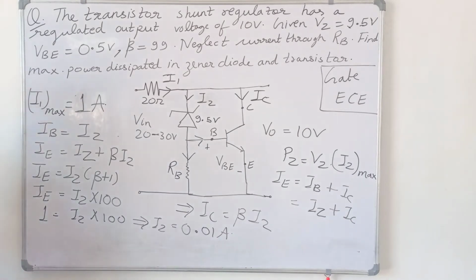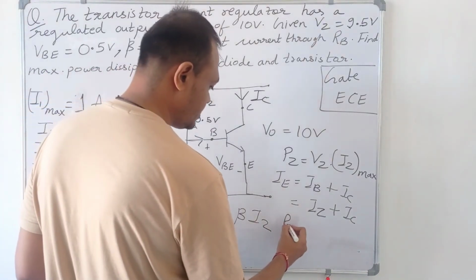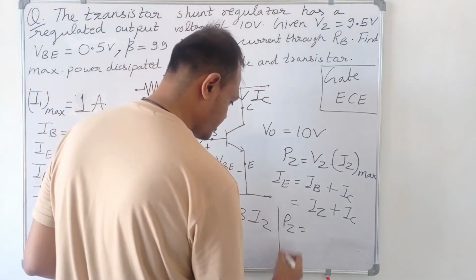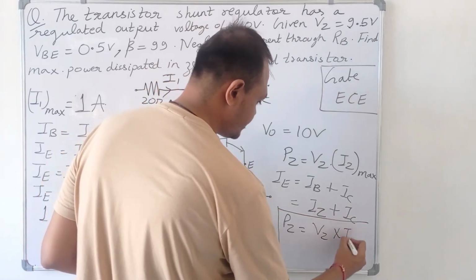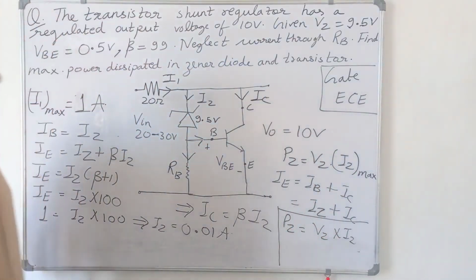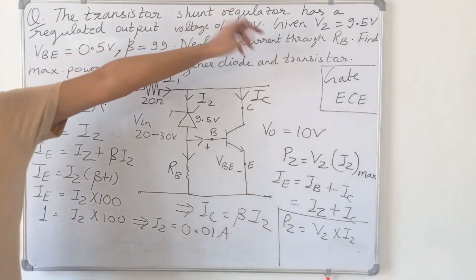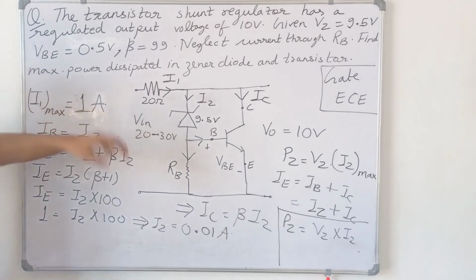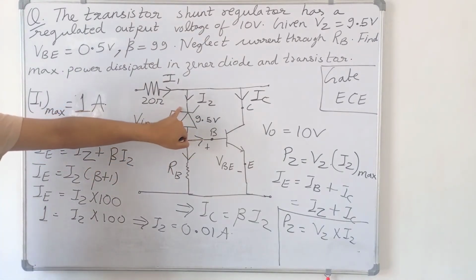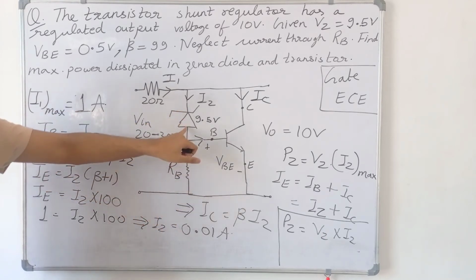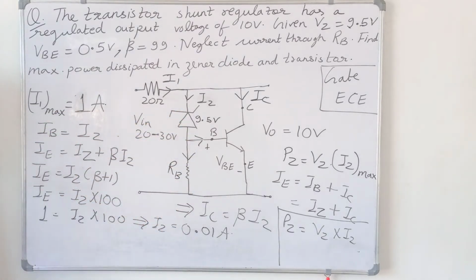So power dissipation by Zener diode PZ is equal to VZ into IZ. VZ is given as 9.5 volt. You can also see the Zener diode will be in breakdown because 30 volt is across P and this is grounded, so 0 volt is across N. So the Zener diode is in breakdown.